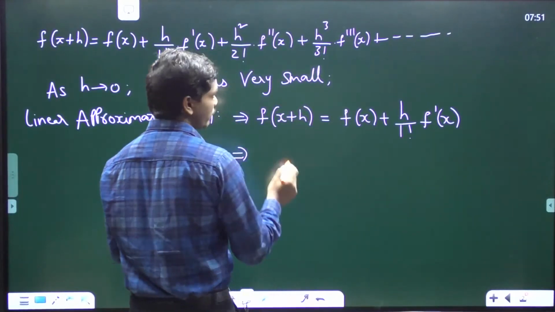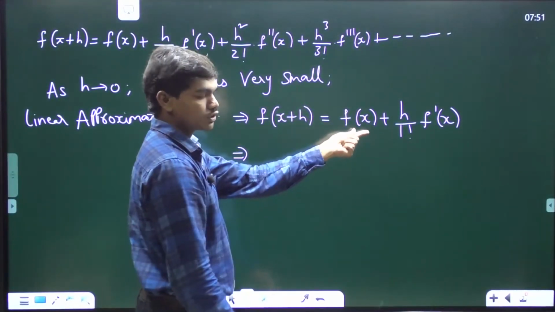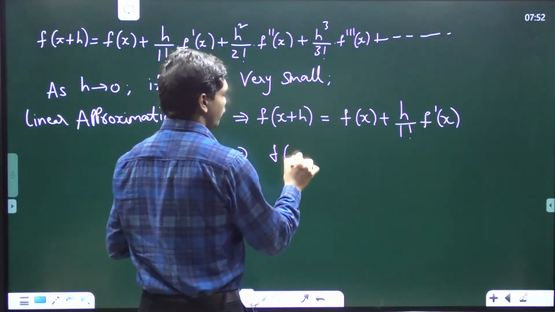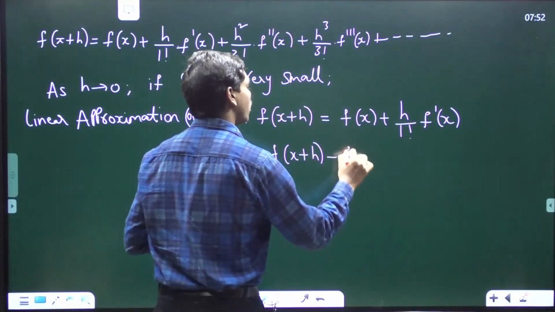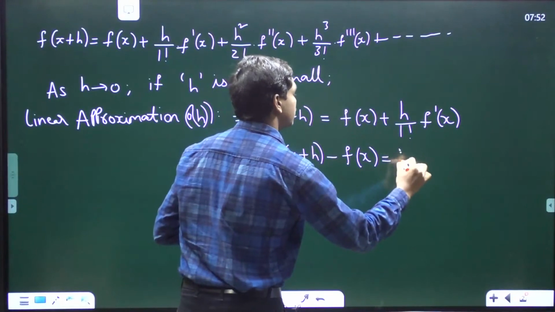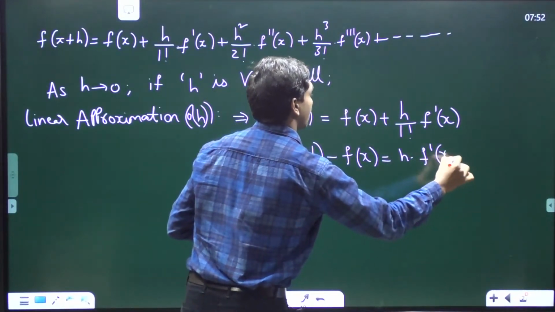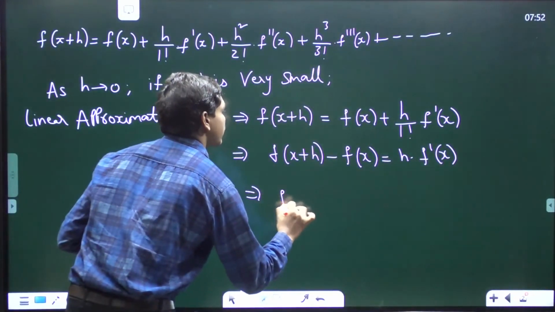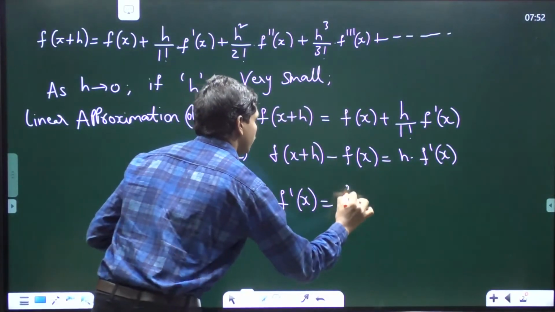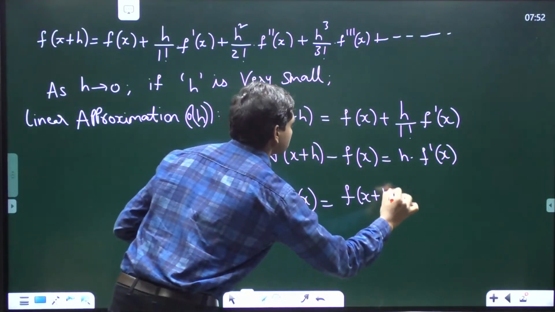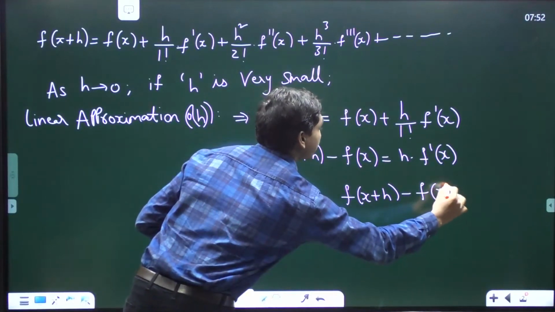If I make a slight modification, if I bring f of x onto the left hand side, we have f of x plus h minus f of x is equal to h into f dash of x. So this implies f dash of x is equal to f of x plus h minus f of x divided by h.